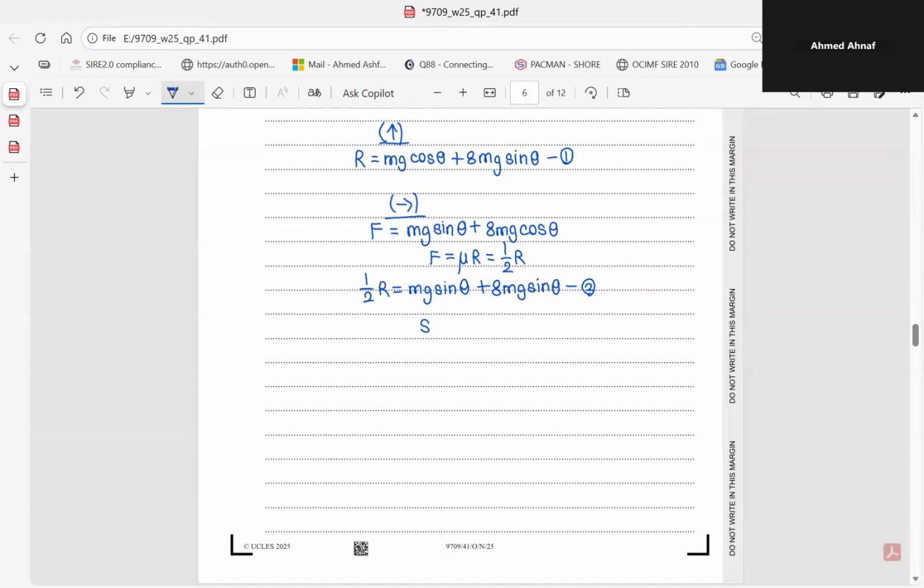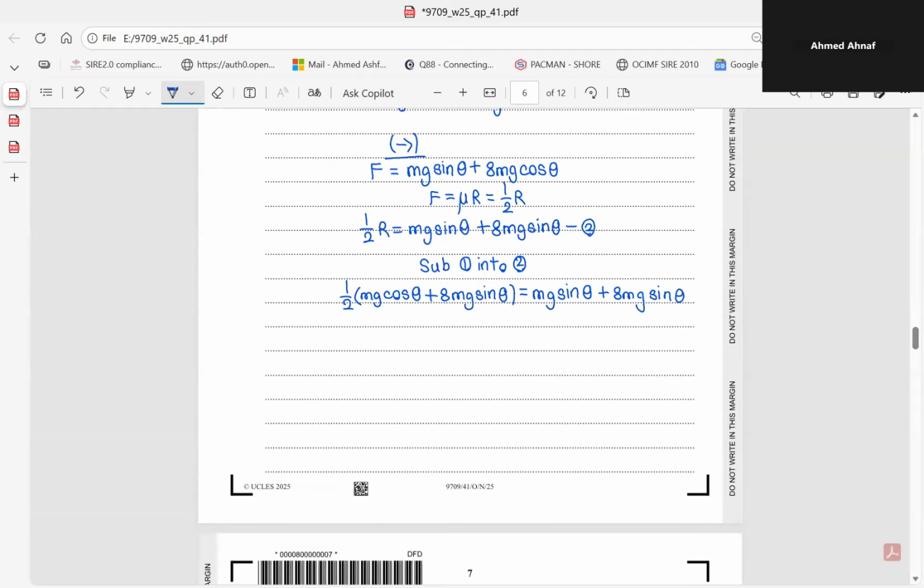So yeah, just sub 1 into 2. So half mg cosine theta plus mg sine theta equal to mg sine theta plus 8 mg sine theta.